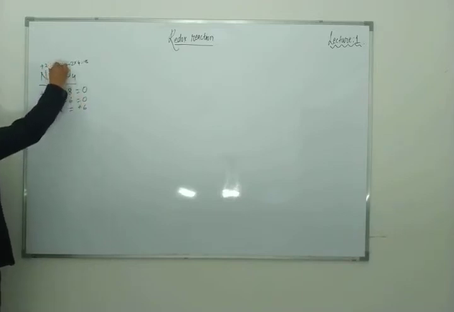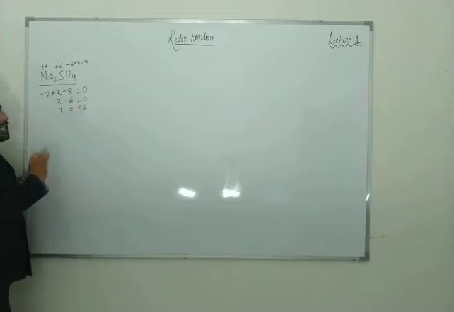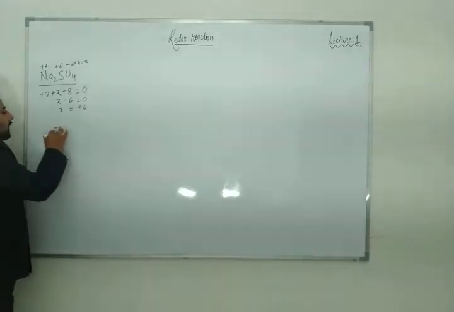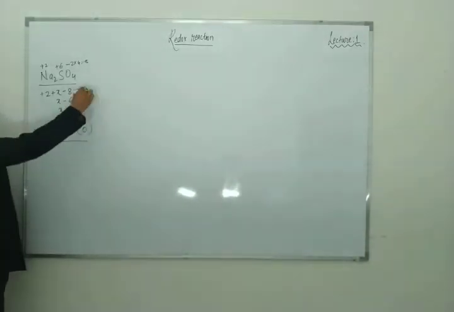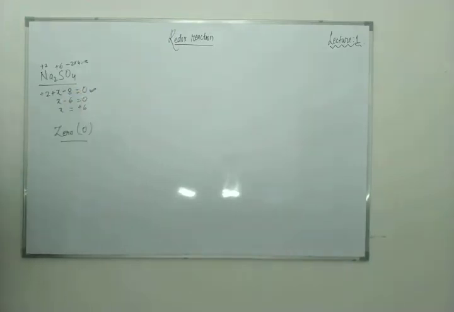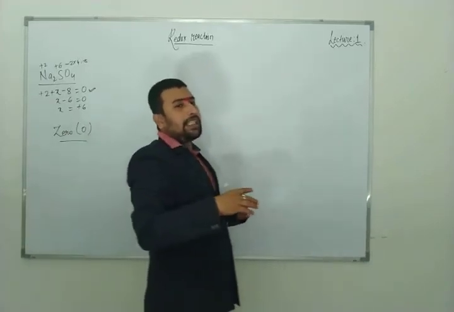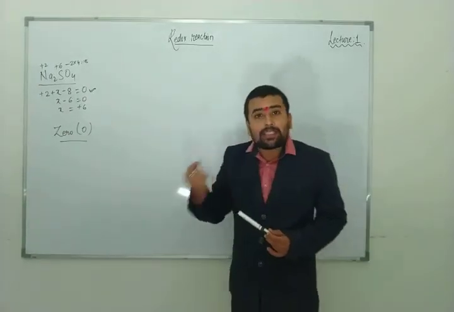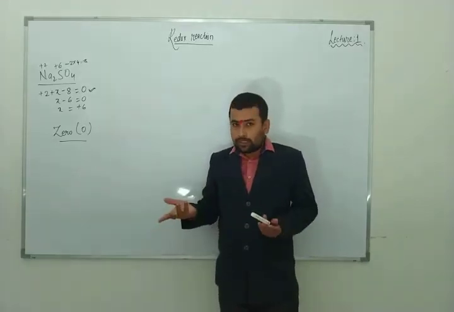So sulfur exists here as +6. What I mean to say is, in any compound the sum of oxidation states should be 0. If you want to calculate any element's oxidation state in any compound, you can use this formula.